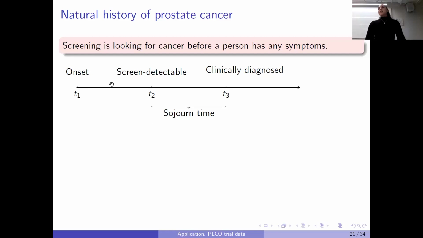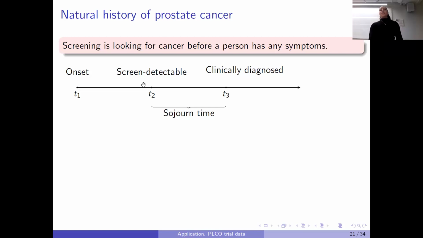So first of all, what's screening? Screening is looking for cancer before a person has any symptoms. If we were to see the disease progression in a timeline, we would first have the onset of the tumor. The disease is present, but the tumor might not be large enough to be detected, and there might not be symptoms.